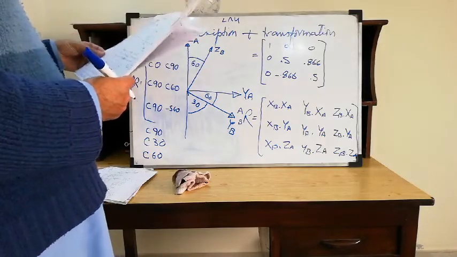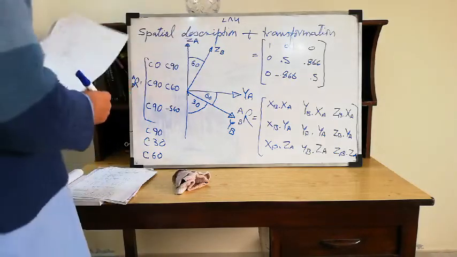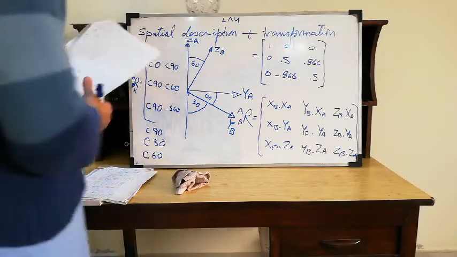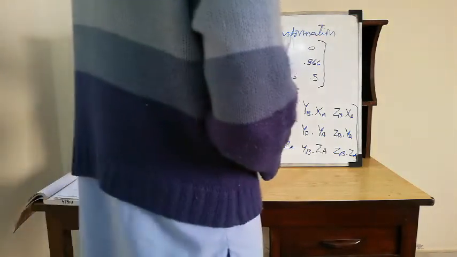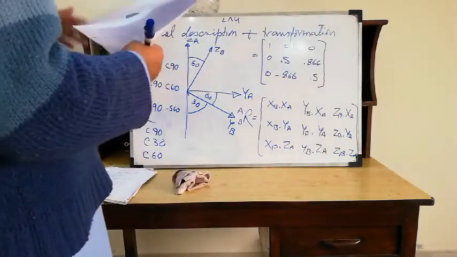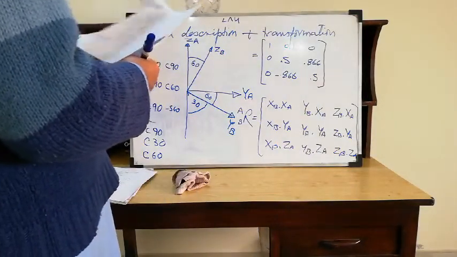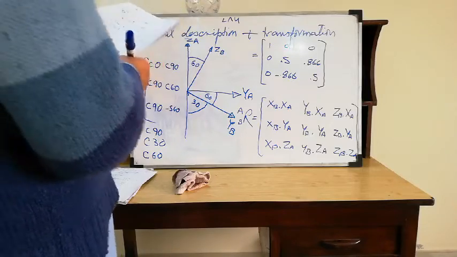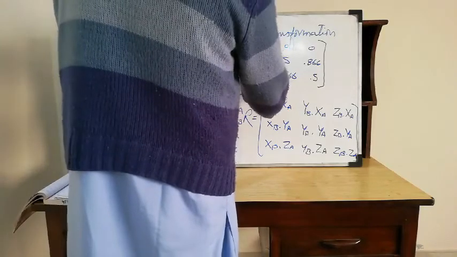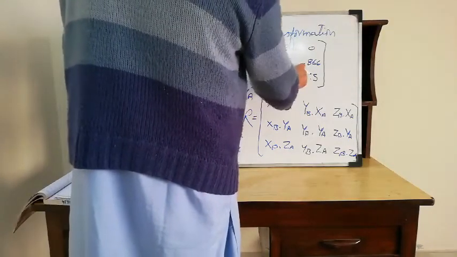Now, that was rotation about x-axis. We got 1 here, 0, 0, 0 there. If you remember, for the rotation about x-axis when the rotation was counterclockwise, we got positive sign here and negative sign here.